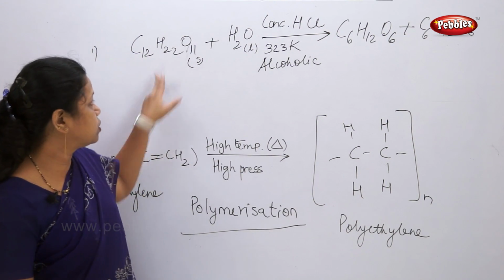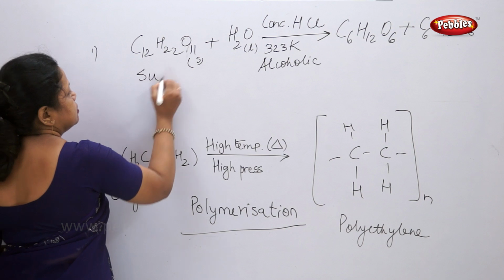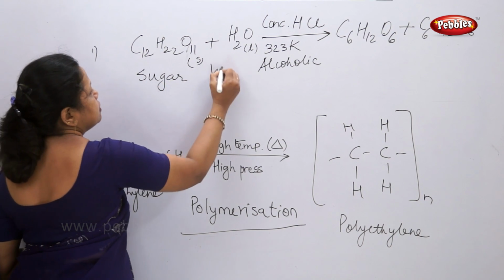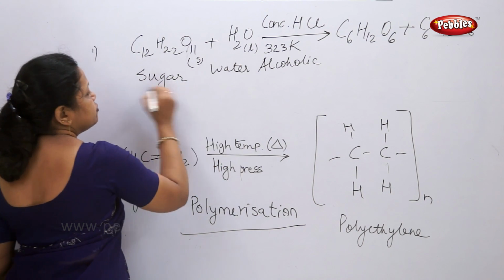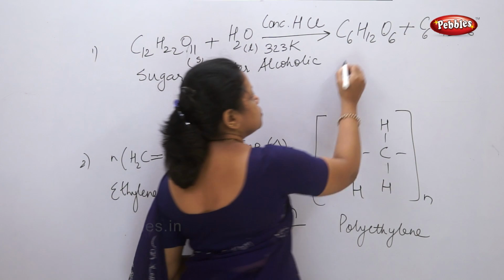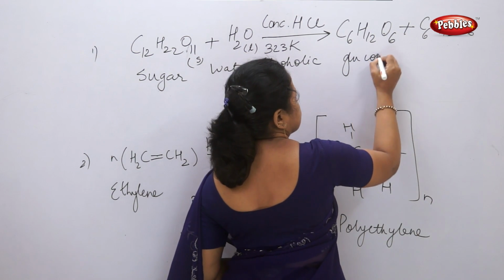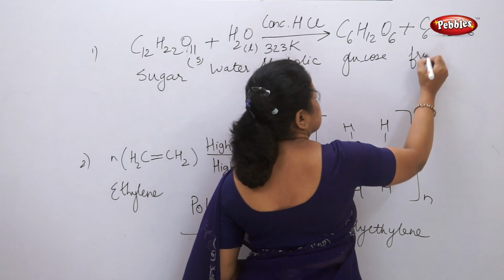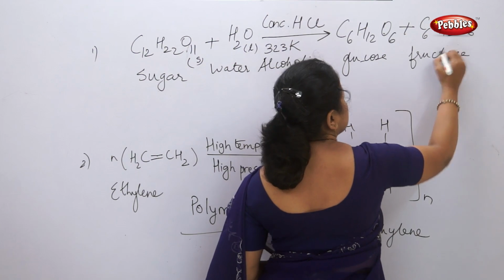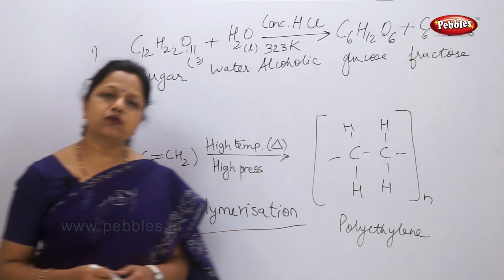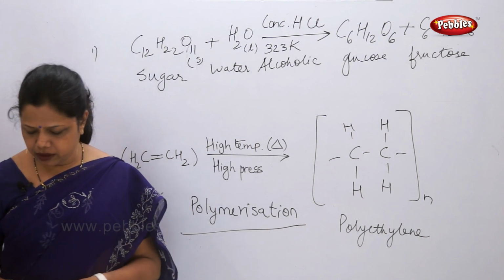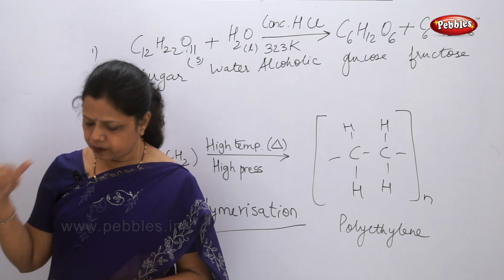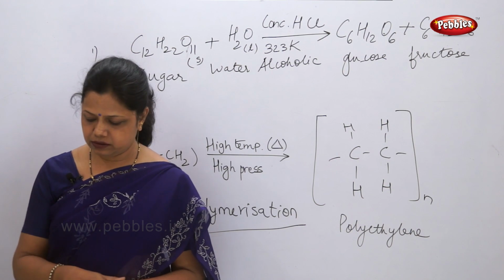Here sugar and water are the reactants, and glucose and fructose are the products. So these are the questions based on these chemical equations. This was on page number 13, first question.